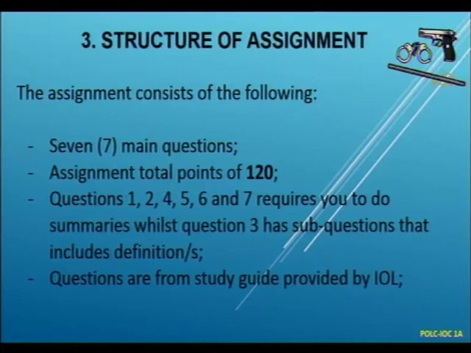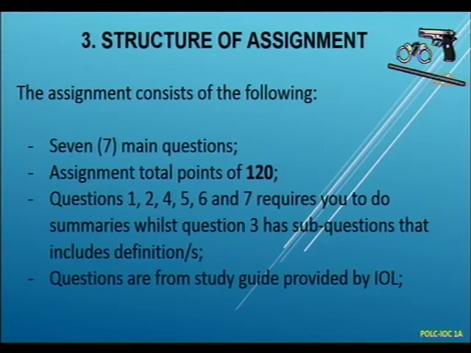First of all, the structure of the assignment will consist of 7 main questions. It will count out of 120. Questions 1, 2, 4, 5, 6 and 7 require you to do summaries, whilst question 3 has sub-questions that include definitions.